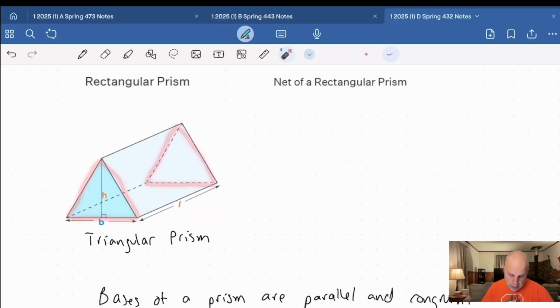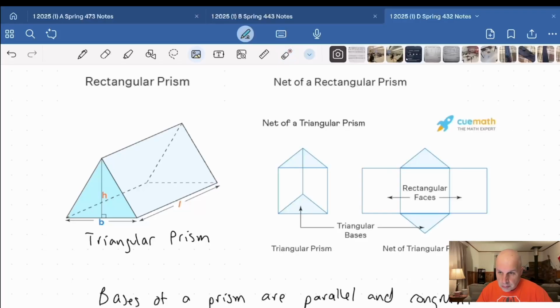There's the two triangles. And then there's a rectangle here on the bottom. There's a rectangle here on the right side. And there's another rectangle here on the left side. So there are the two bases, the two triangular bases, and the 3 rectangles.